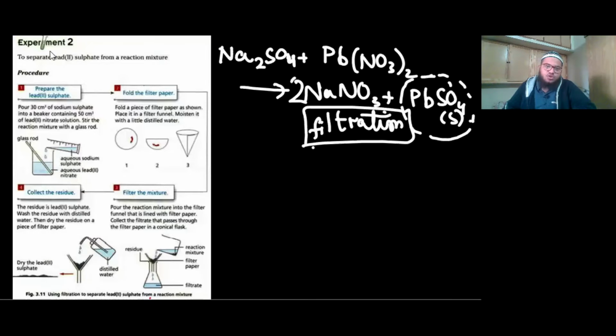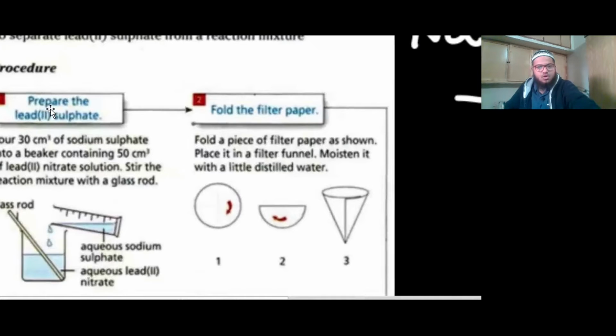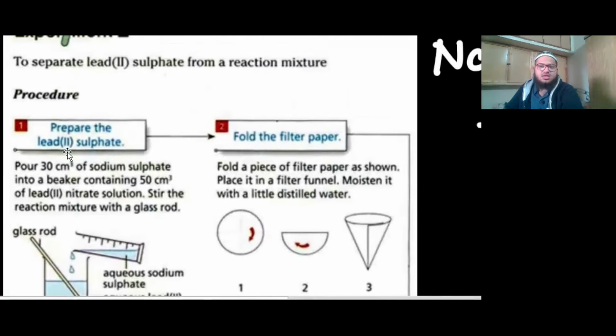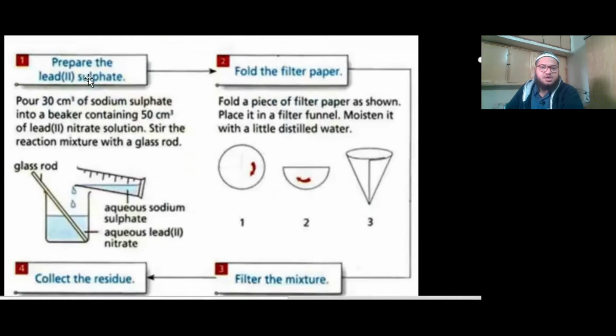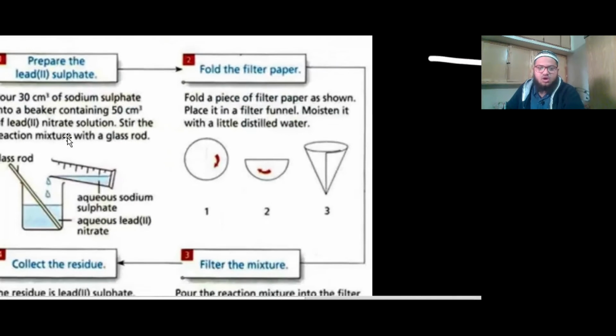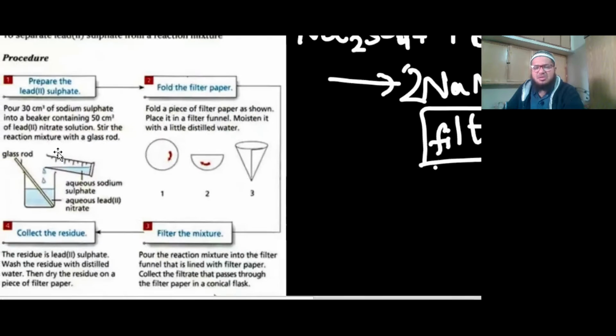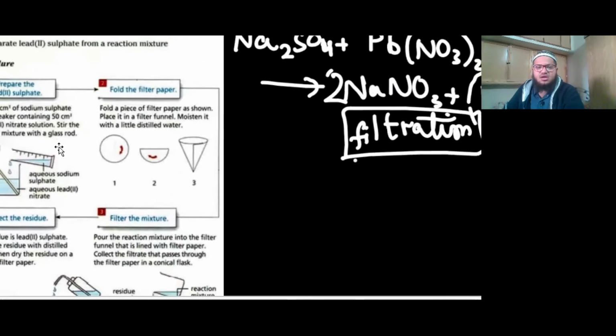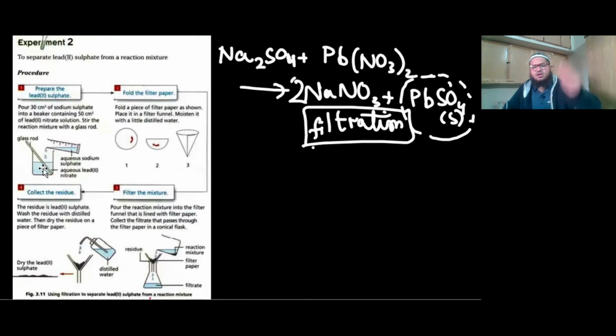Right, guys, let's look at the procedure in a bit of detail now. The very first thing that they did was prepare a mixture of lead sulfate along with the liquid in which it was immersed.